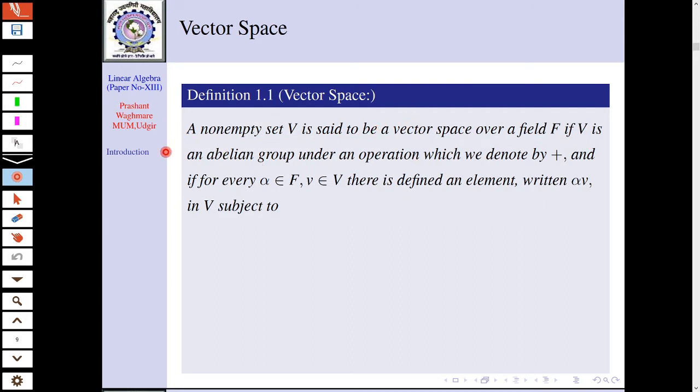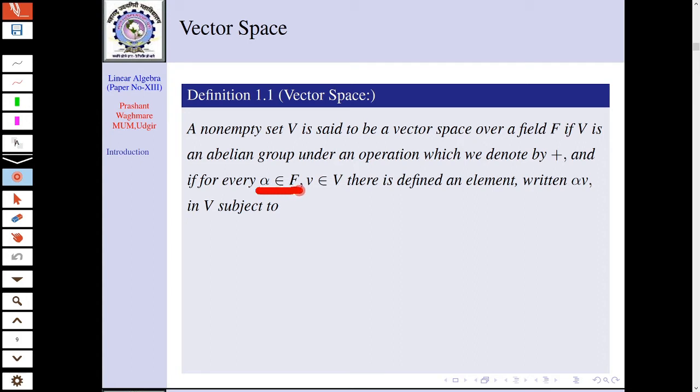V is an abelian group under the operation we denote by plus. That means it should be an abelian group with respect to addition. And one more operation is there, which we call the scalar multiplication operation. Let's see what it is.